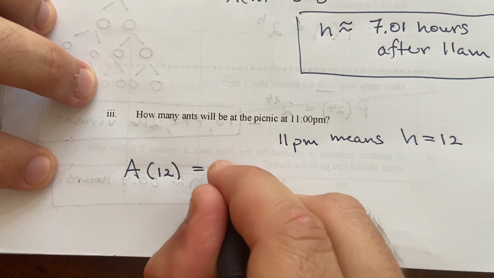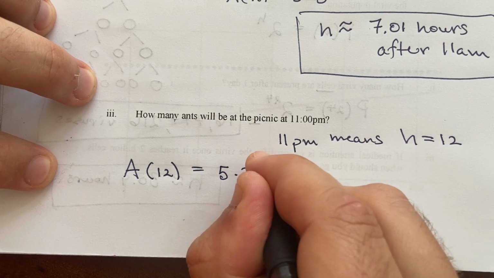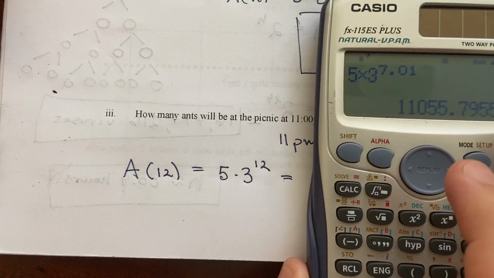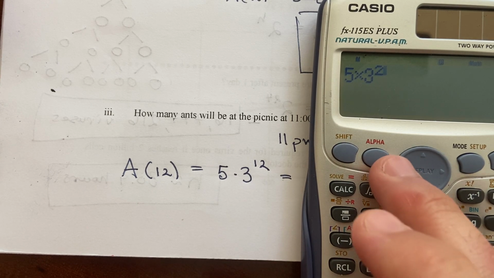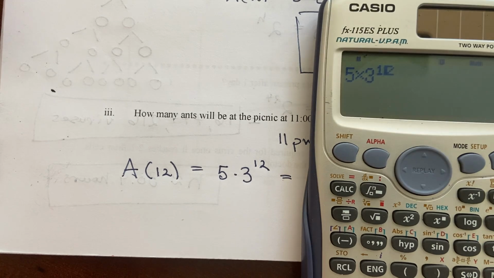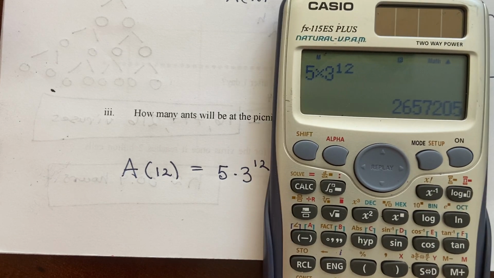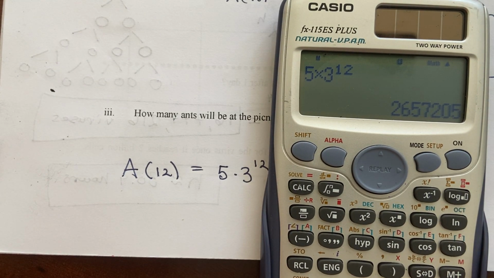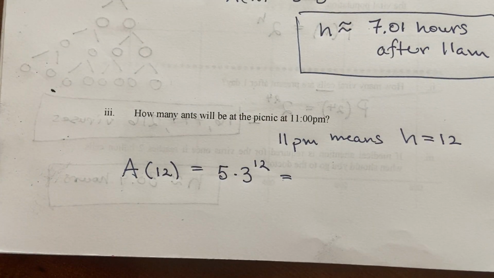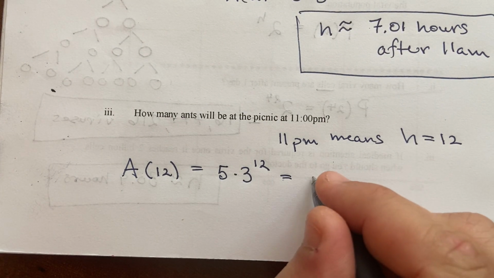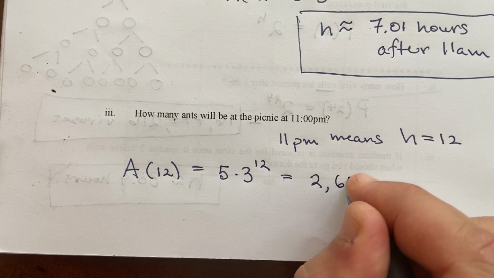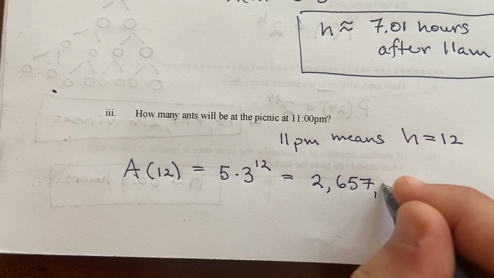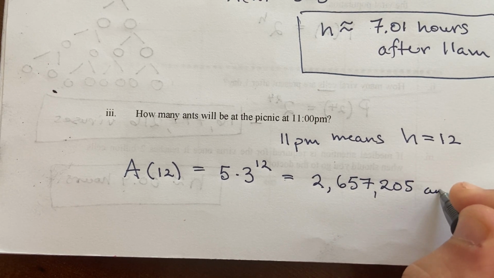So I'd have 5 times 3 raised to the 12th. So I get this amount of ants: 2,657,205 ants.